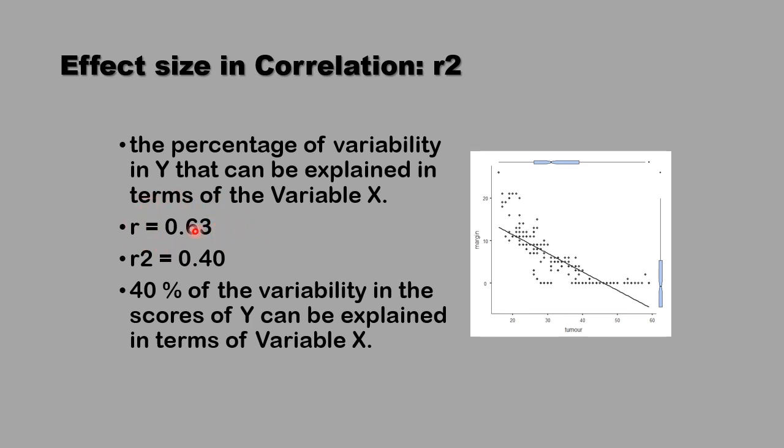So if we have the coefficient of correlation R of 0.6, then its square is about 0.4, which means that 40% of the first variable can be explained in terms of the other variable. 40%, for example, of the increase in a certain variable can be explained by the increase of the other.